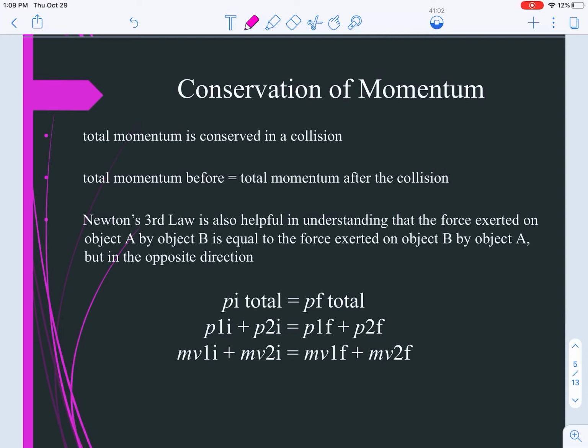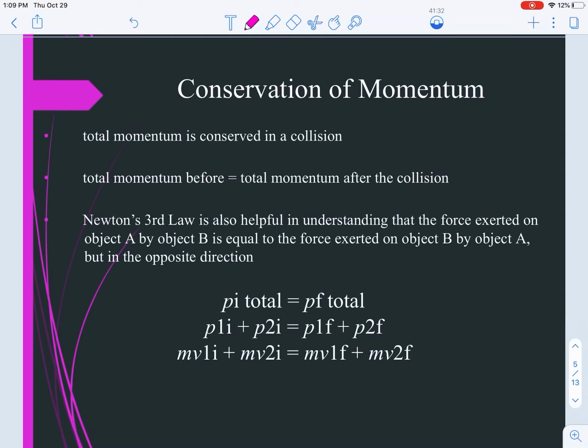Conservation of anything tells us that whatever it is that we are discussing cannot be created nor destroyed, but it will be transferred or transformed into different objects, different forms. So in this case, we are talking about momentum. So we say that the amount of momentum available in our system does not change, but the momentum itself may be transferred from one object to another.